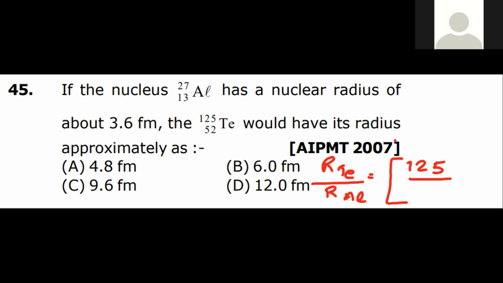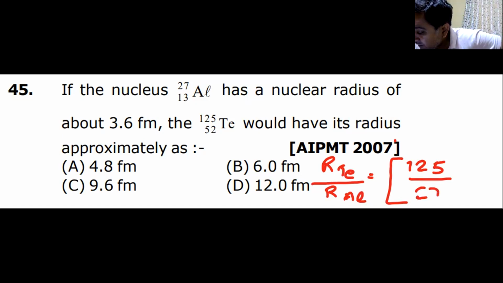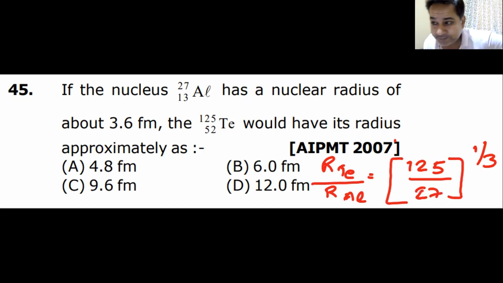A of aluminium is 27, raised to the power 1 by 3. Now what you have to understand, don't divide it first. First take the cube root. We understand this? So radius of beryllium divided by radius of aluminium is the cube root of 125, which is 5, divided by the cube root of 27, which is 3.